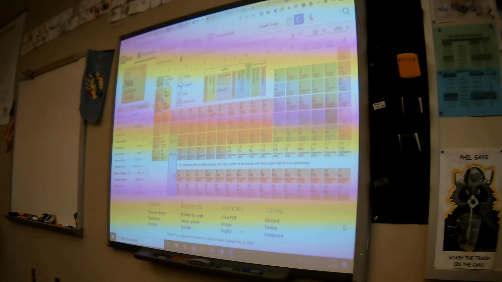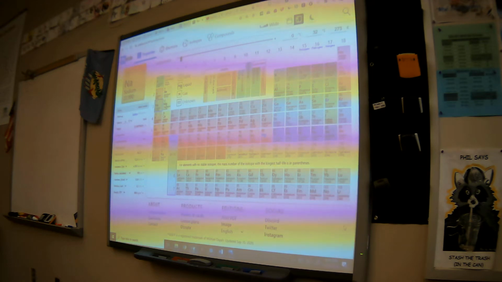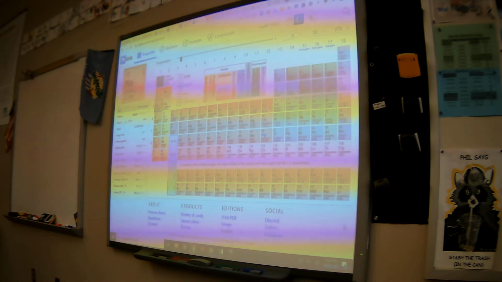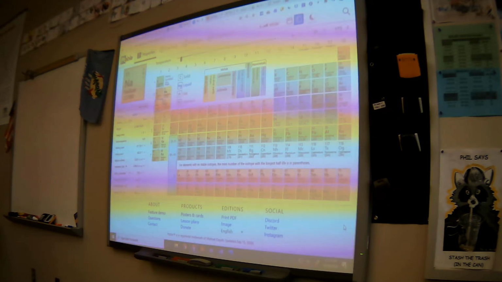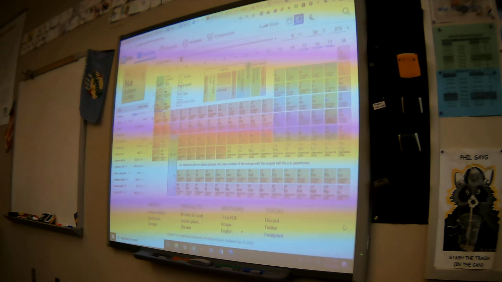So talking about some of those properties, what is electronegativity? Who has a good definition? Not atoms pull each other, but you're right about pulling. Pulling electrons, right?